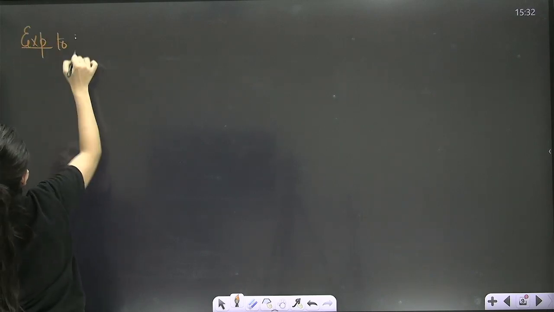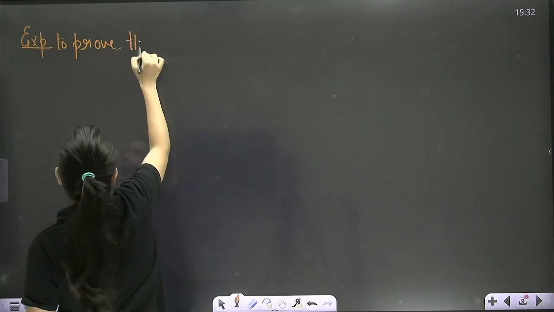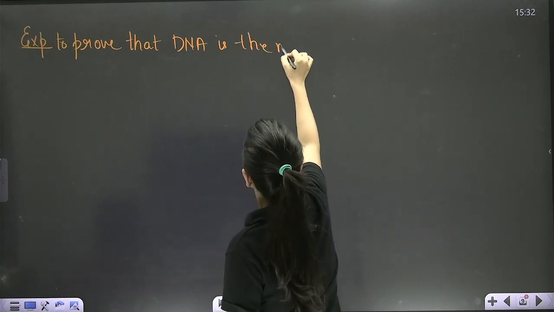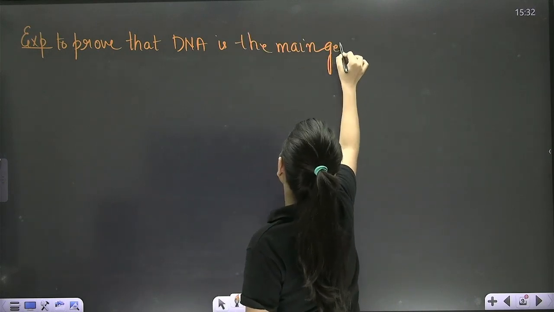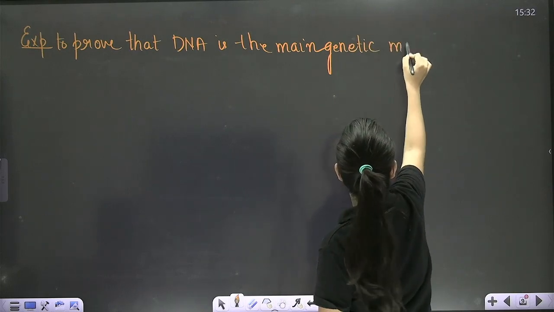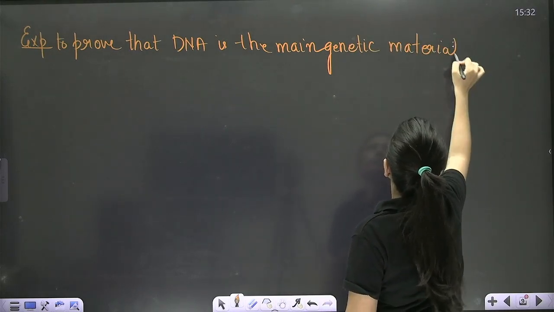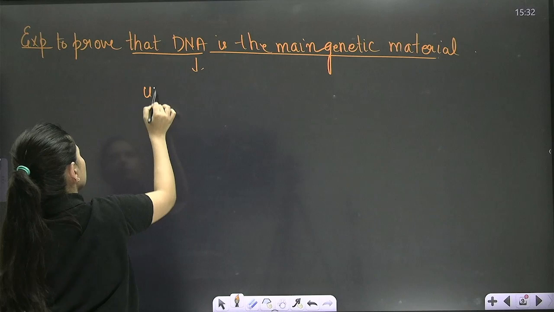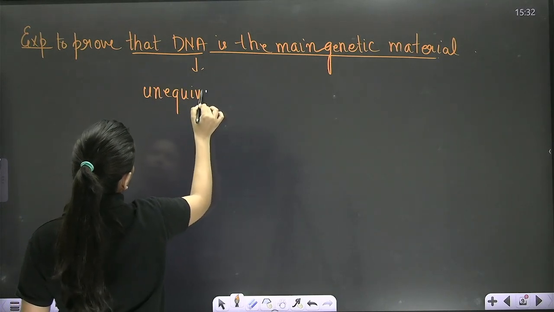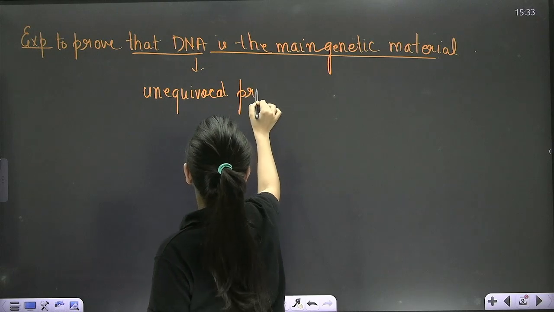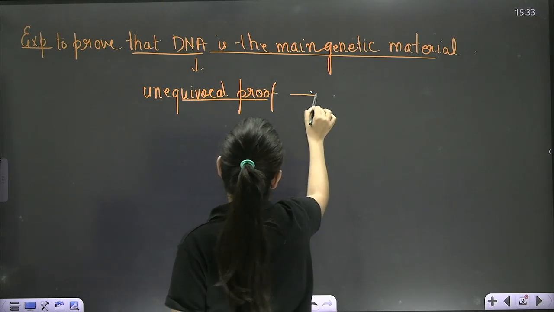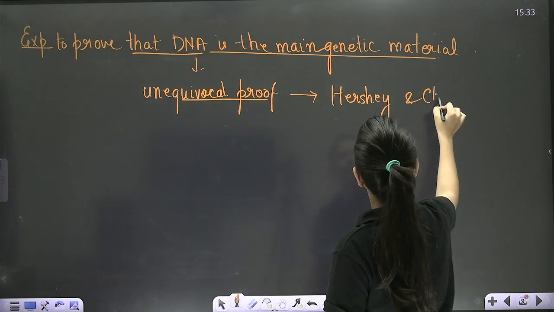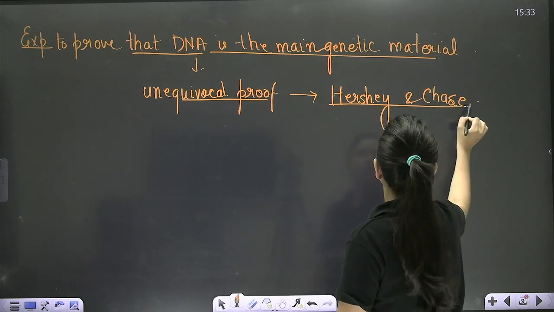So the next thing you are going to write over here is: experiment to prove that DNA is the main genetic material, right? And in this, the unequivocal proof, which means 100% guaranteed proof, was given by two scientists, that is Hershey and Chase, right?